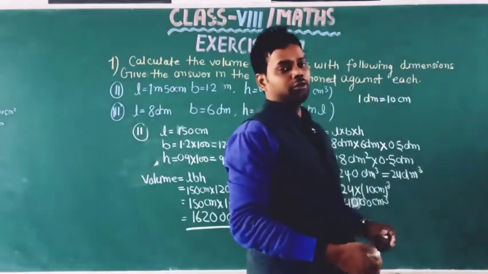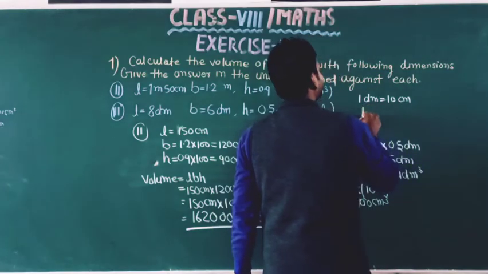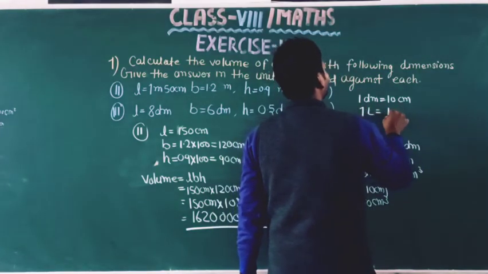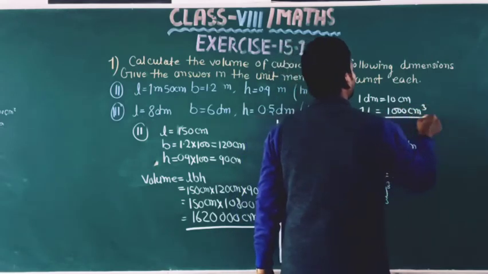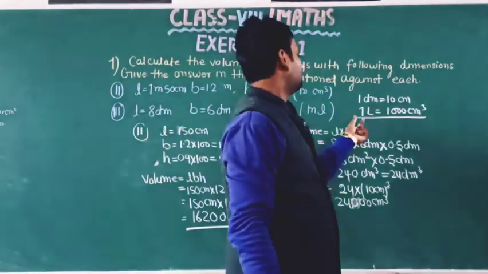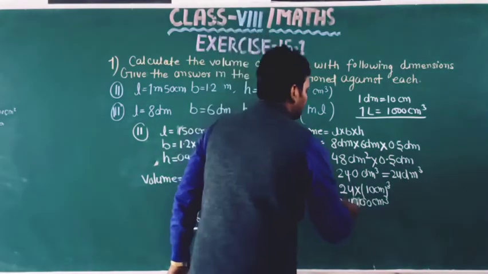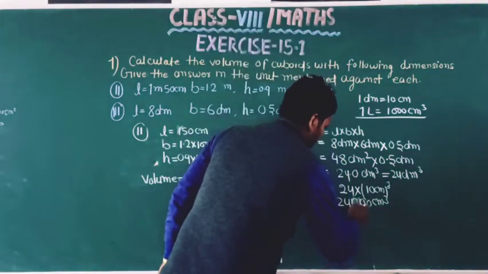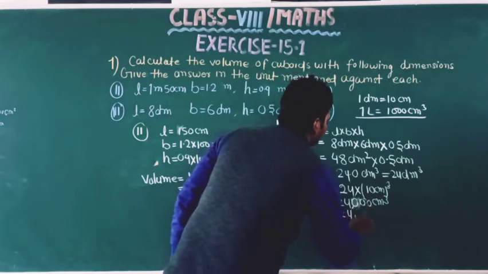Okay, the volume of the cuboid is 24,000 centimeter cube volume. And also we know 1 liter equal to 1000 centimeter cube volume. So therefore in 24,000 centimeter cube volume equal to 24 liter.